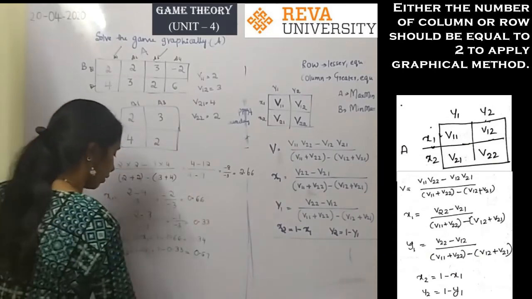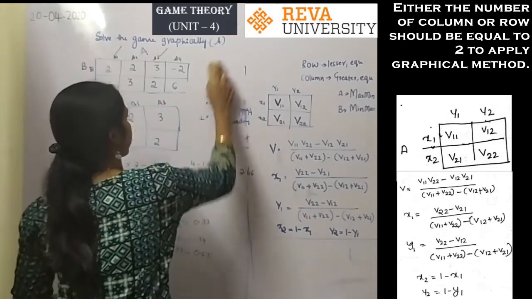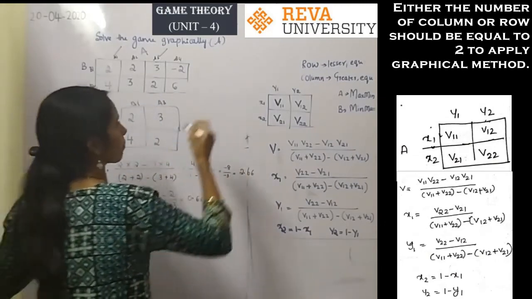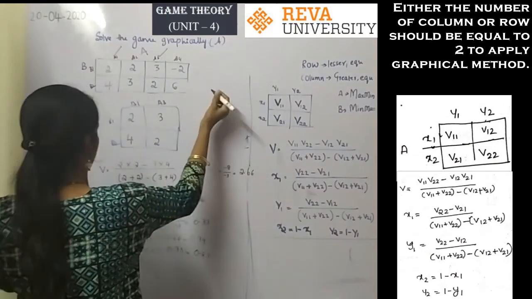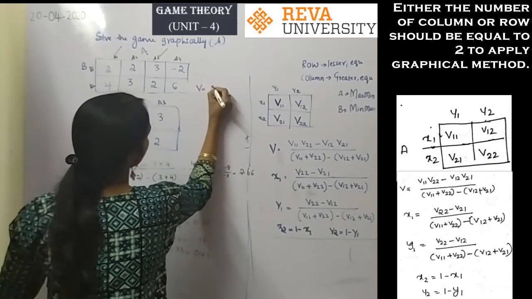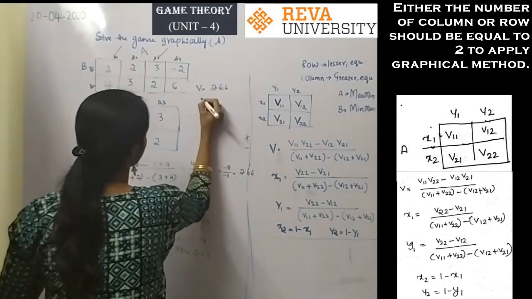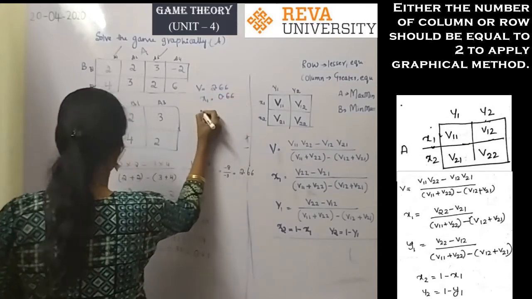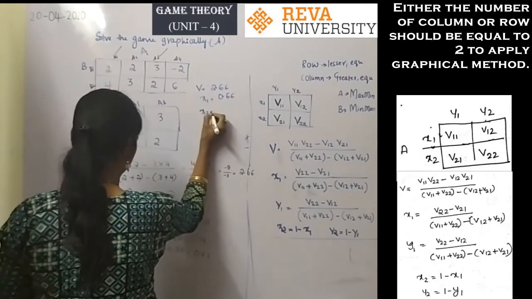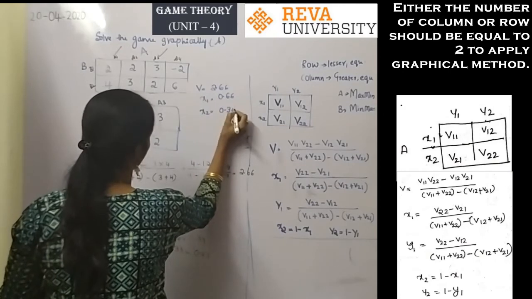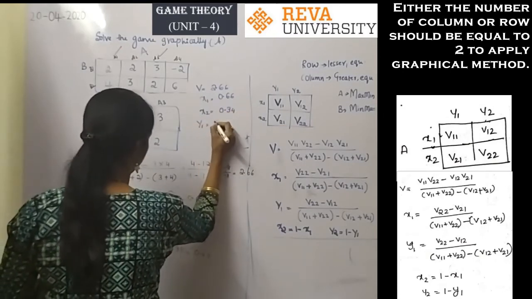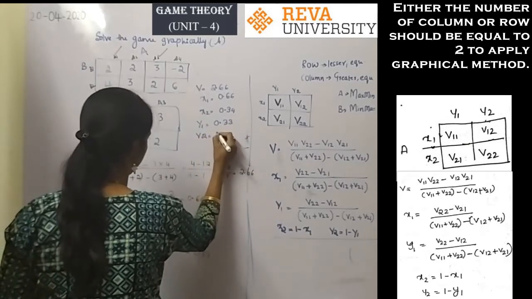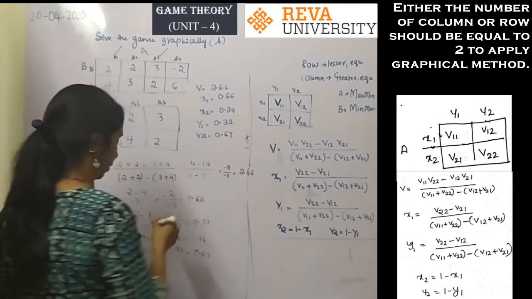Now, write down all the values here. V is equal to 2.66. x1 is equal to 0.66. x2 equals 0.34. y1 equals 0.33. y2 equals 0.67.